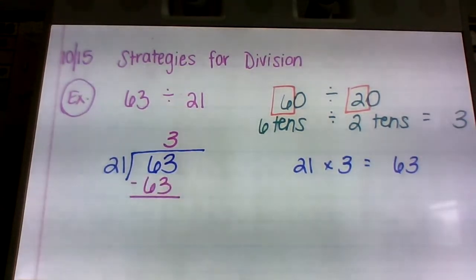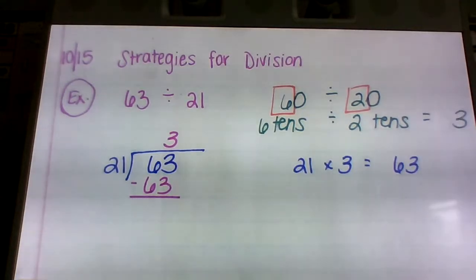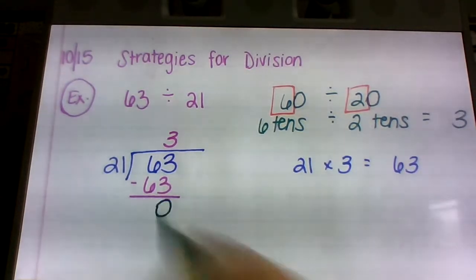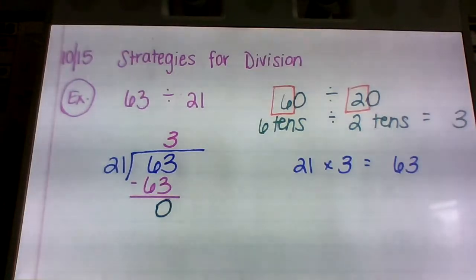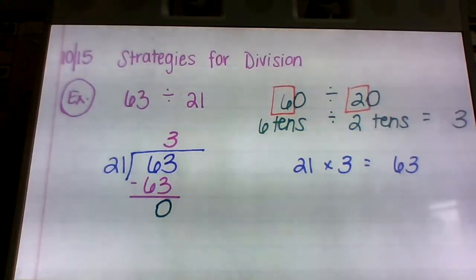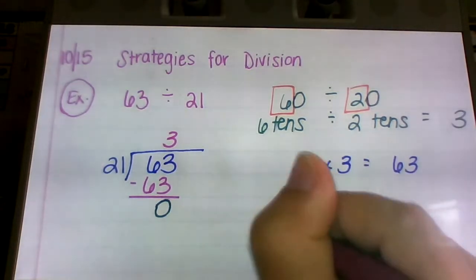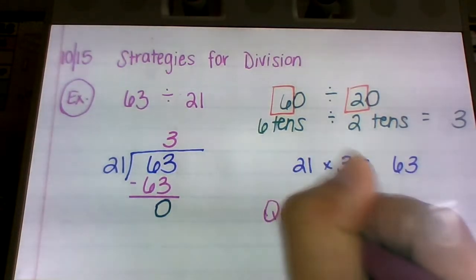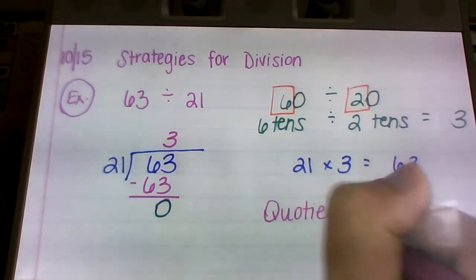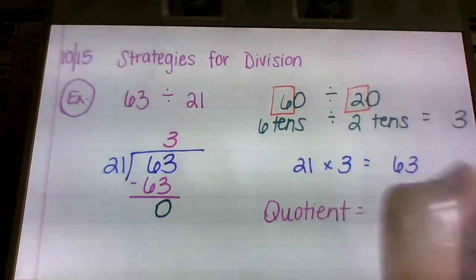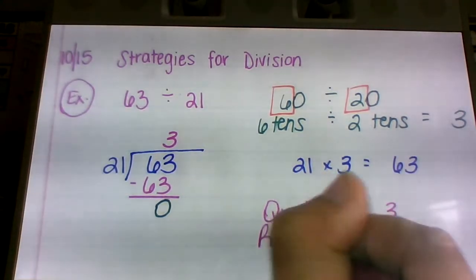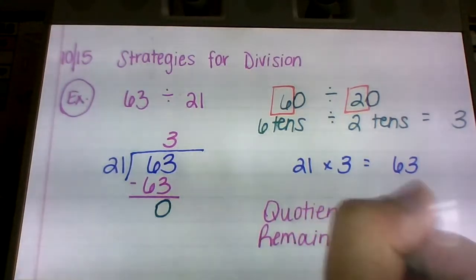I'll subtract 63 from the dividend, and I'm left with a remainder of 0. So my quotient, meaning the answer when I divided, is 3, and my remainder is 0.